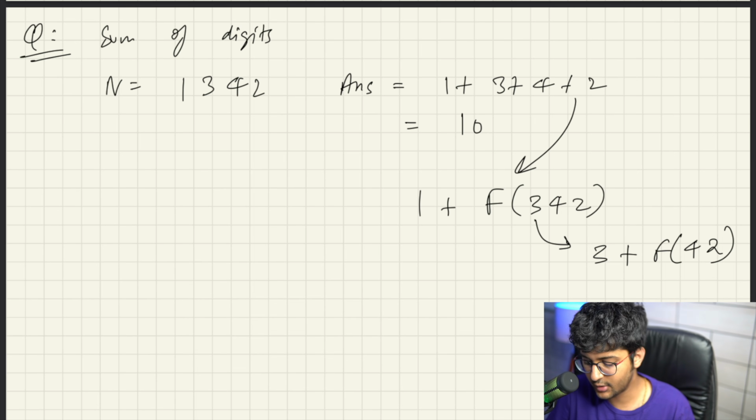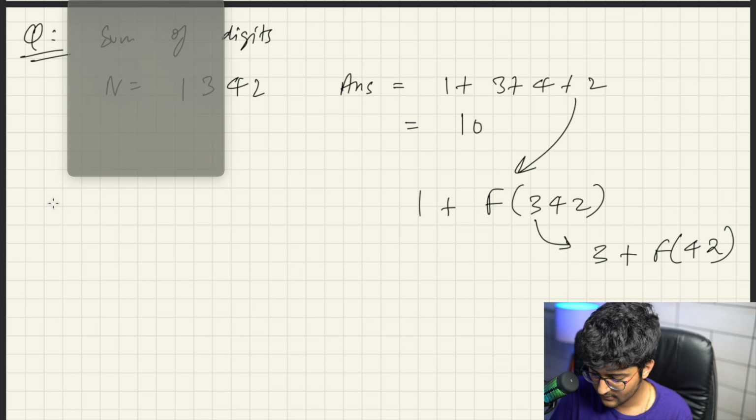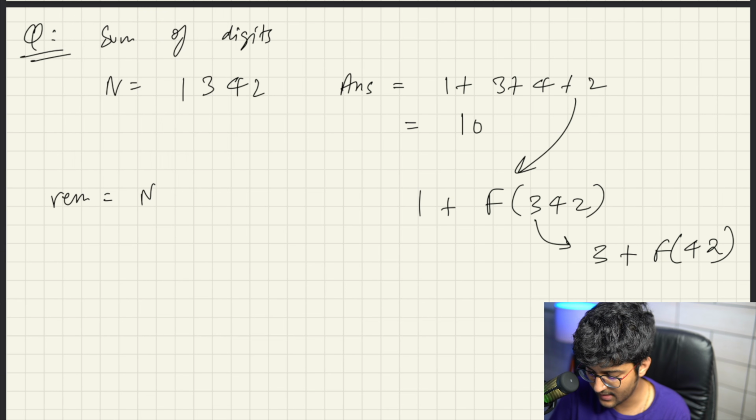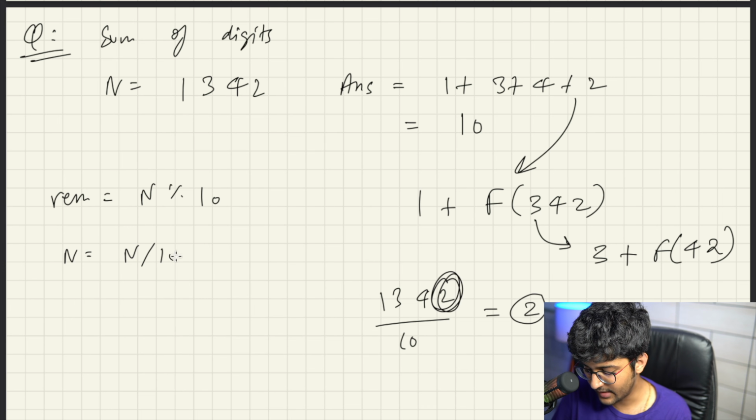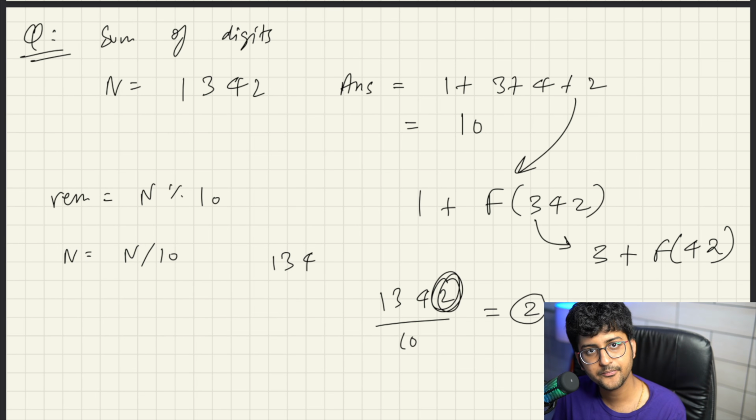If you want to get 2, then 4, then 3, then 1, you just say remainder is equal to n modulo 10. So 1342 divided by 10, the remainder will be 2. Then n will be reduced to n divided by 10, which is now 134.